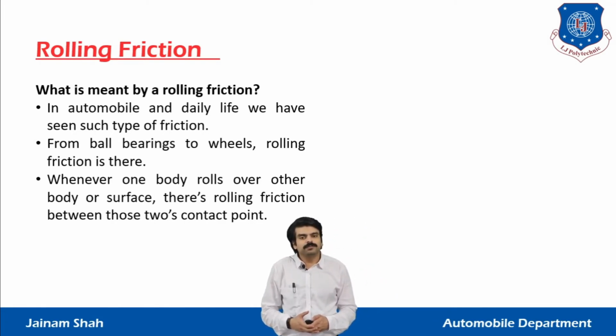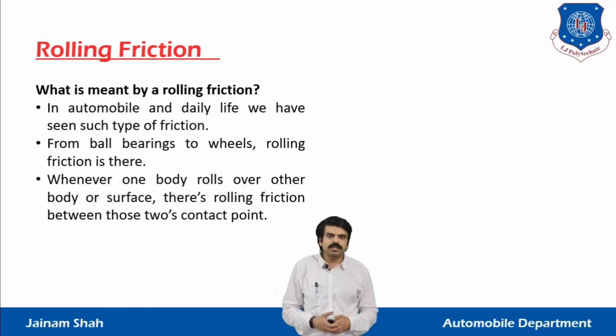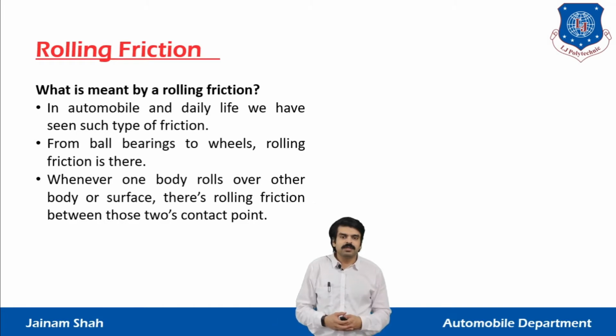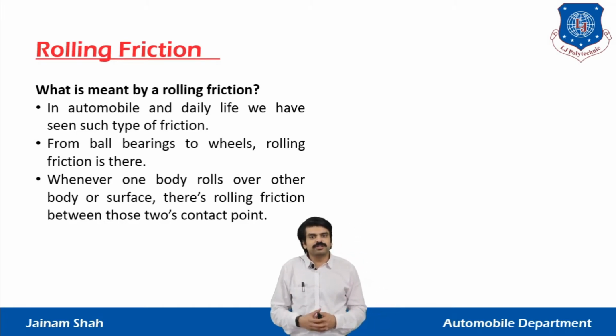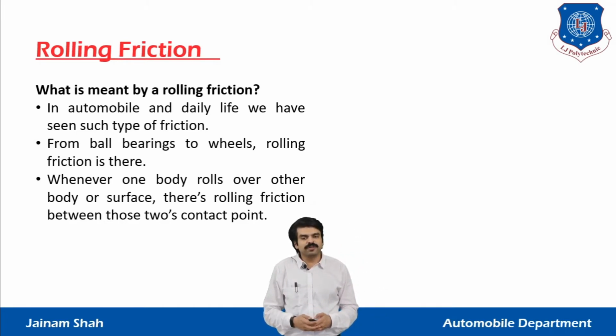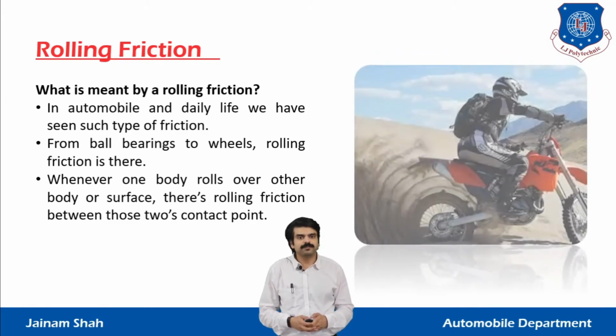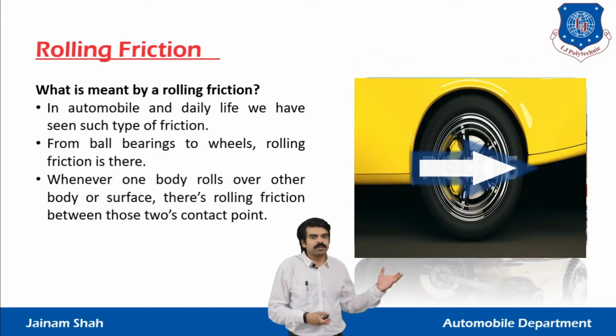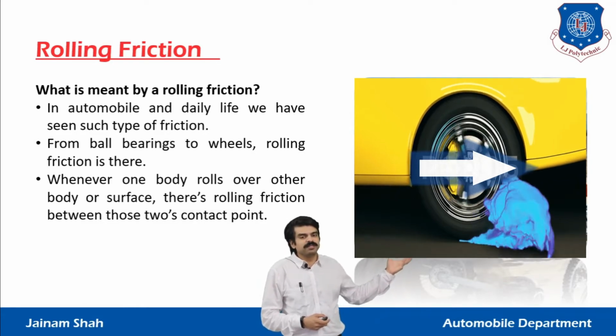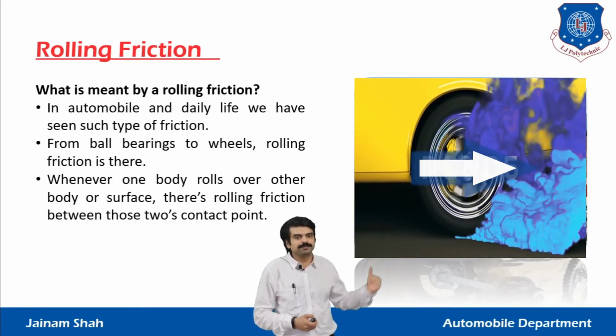Whenever one body rolls over another body or a surface, there is rolling friction between those two surfaces. Here you can see some basic examples of rolling friction.